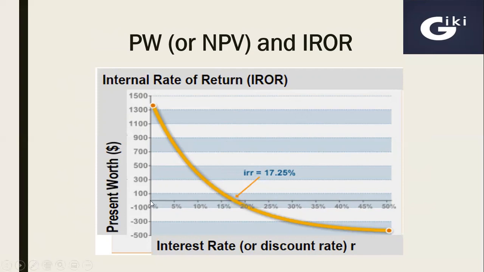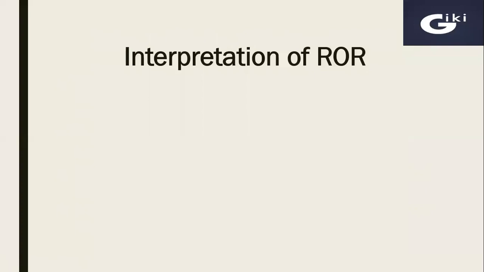If we see 0% rate of interest, the present worth will be around $1,300. So from this slide, we can understand there is an inverse relationship between present worth and discount rate. It means if interest rate increases, present worth decreases, and if interest rate decreases, present worth increases. Now, the next thing is interpretation of rate of return.